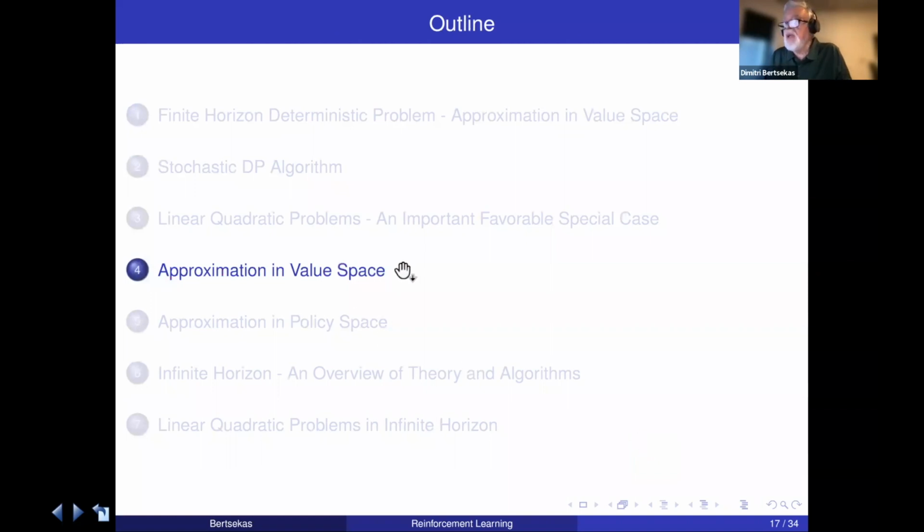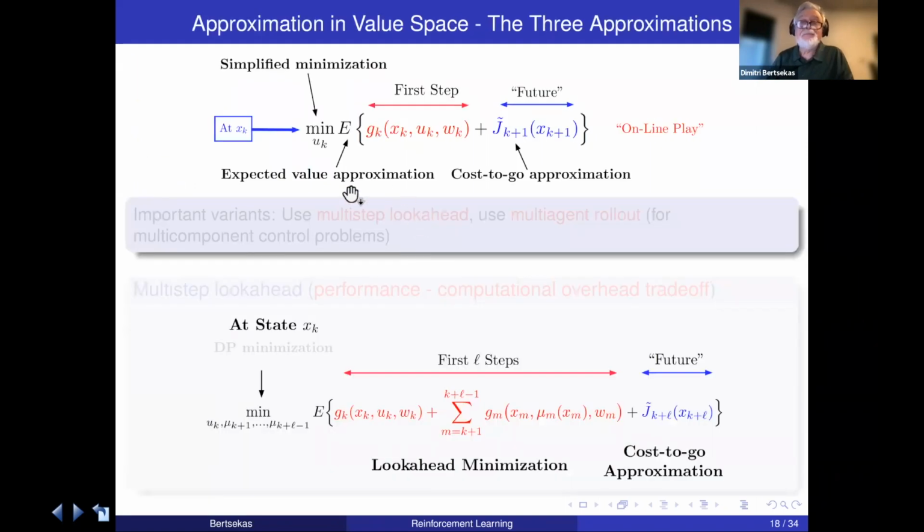So this leads us to the idea of approximation in value space and the reinforcement learning method. Are there any questions on the linear quadratic problem? Okay.